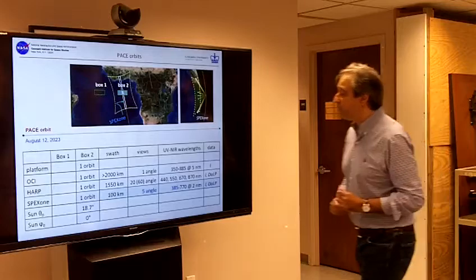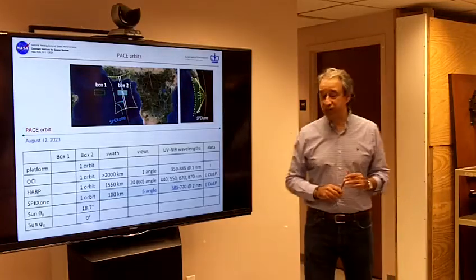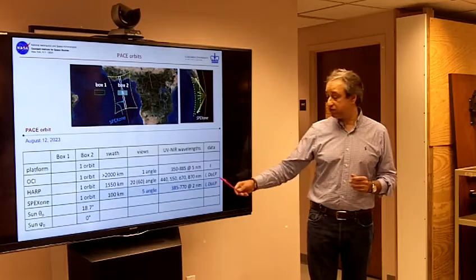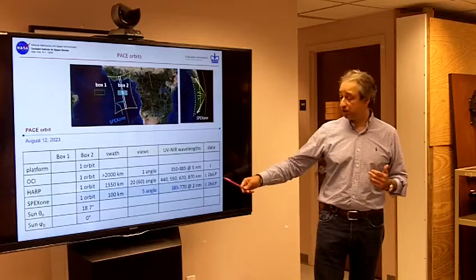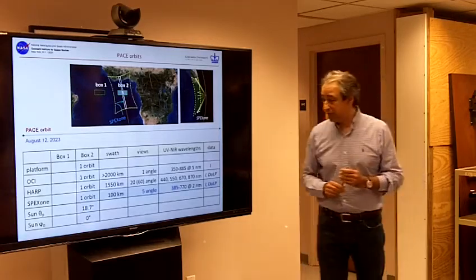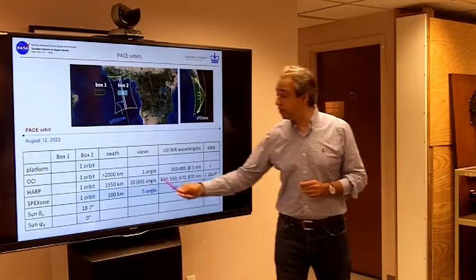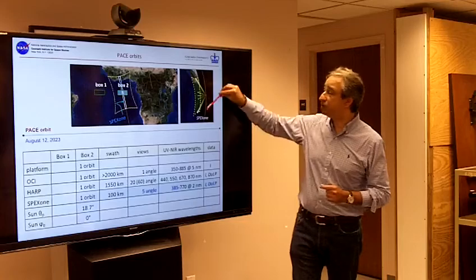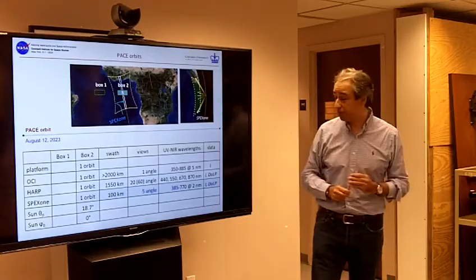Now, in what follows, I will show results for changes in the top of the atmosphere intensity and the degree of linear polarization that will be observed by SPEX 1, the polarimeter, at 385 nanometers. And I'll do that for a range of viewing angles that include the 5 viewing angles that are going to be monitored by SPEX 1.